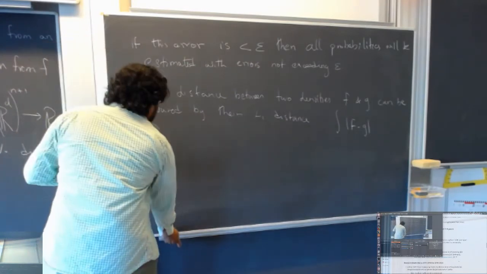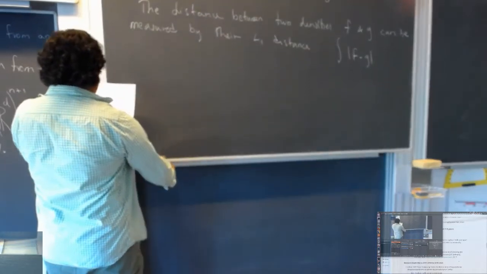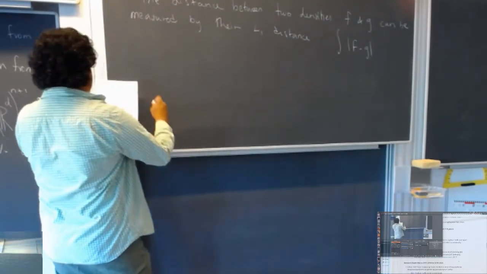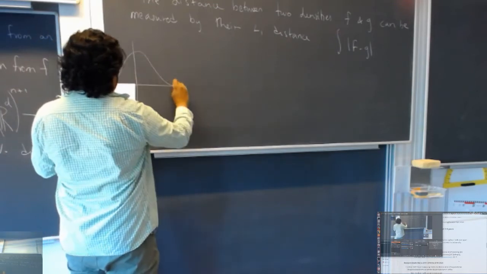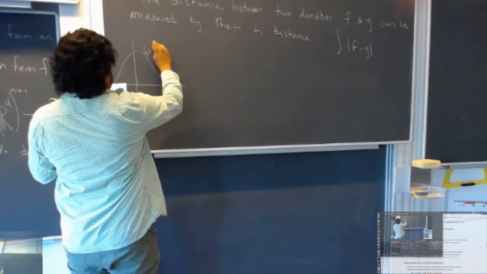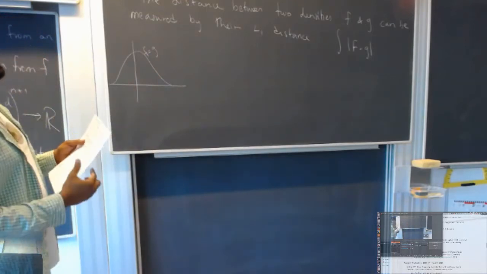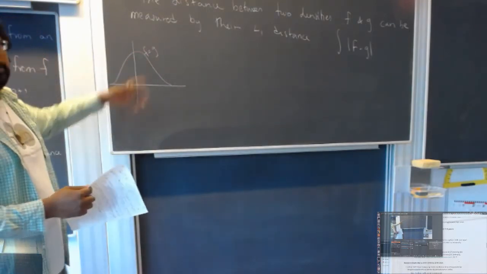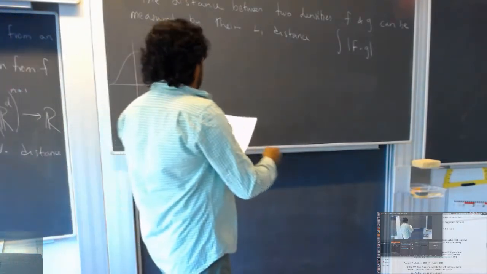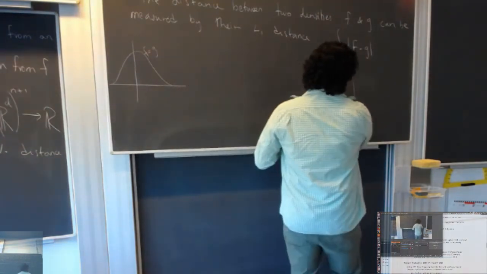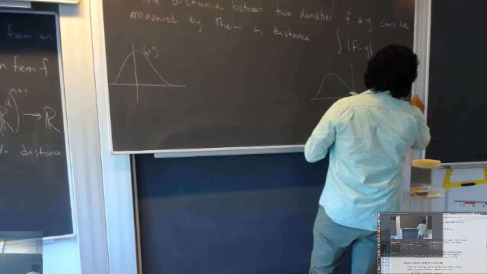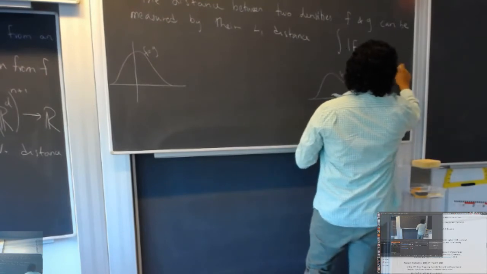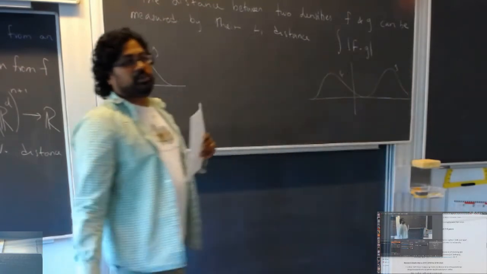So let's make a small picture to get different pieces of this. On one end, f will be equal to g. When f is equal to g, we have 0 for the L1 distance between f and g. On the other end, f and g have completely non-overlapping supports. This is my f, this is my g. So here the L1 distance is 2.